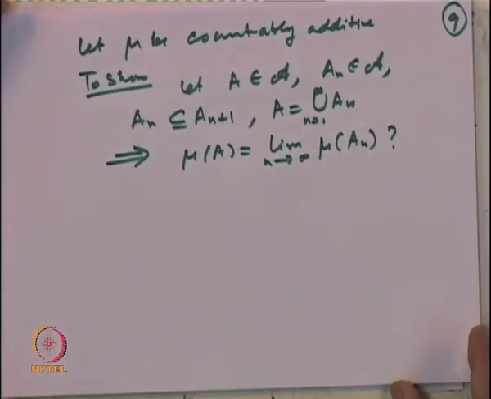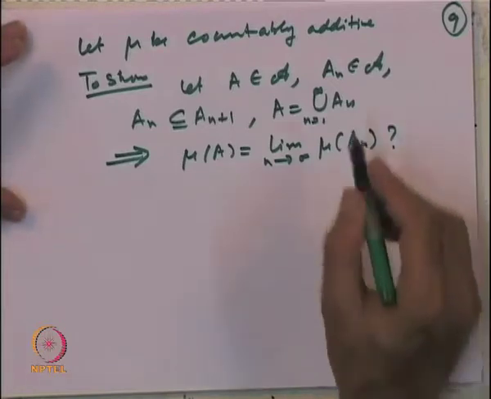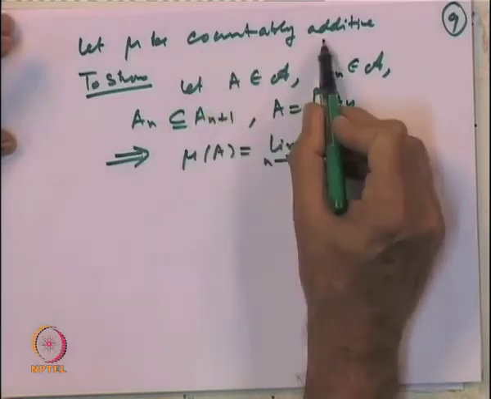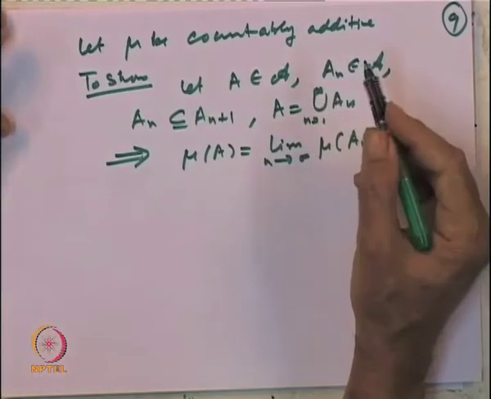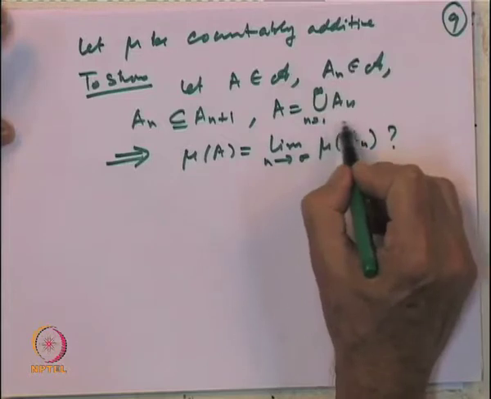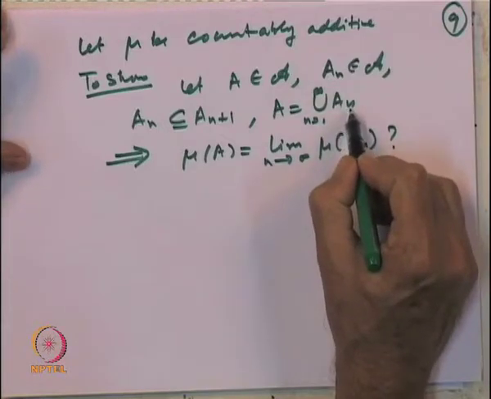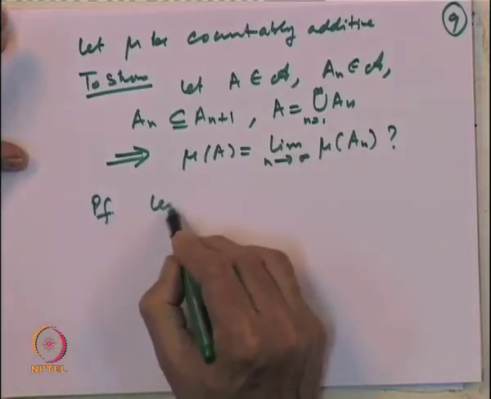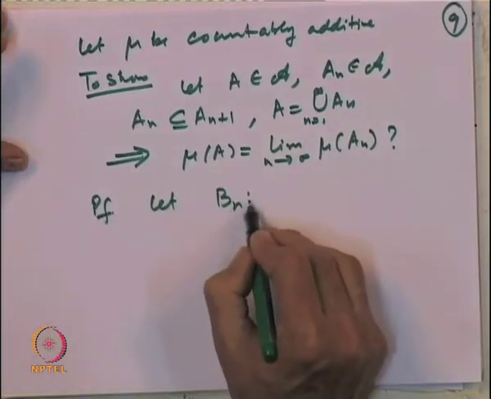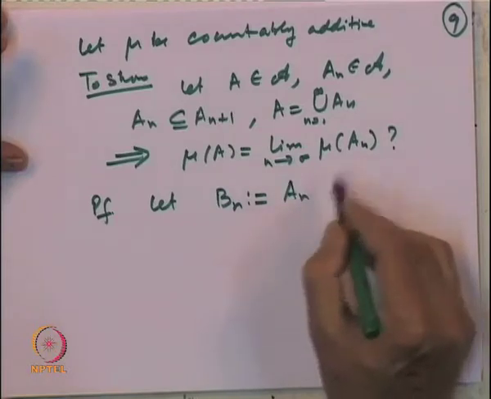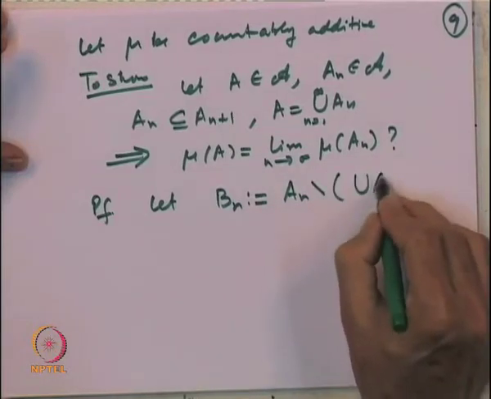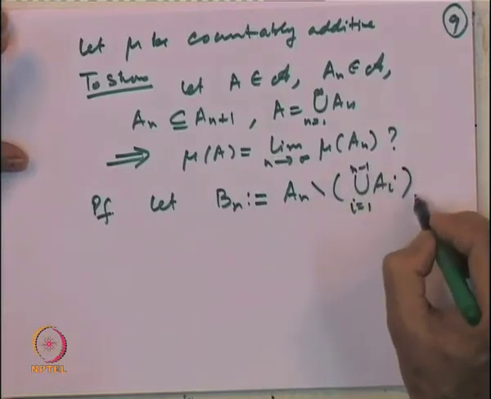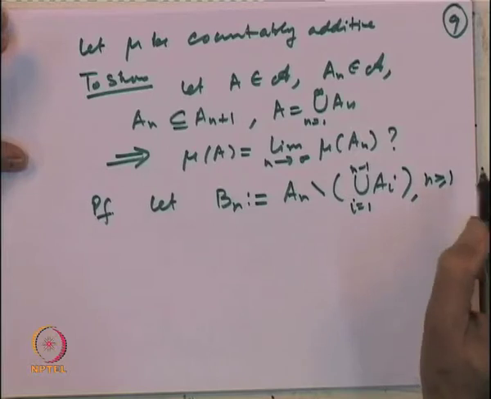So, let us observe A is the union of A n's and we are given something about countable additivity. So, the obvious thing is to try to write this union as a countable disjoint union. So, we do that. Proof: let B n be defined as A n minus the union of A i, i equal to 1 to n minus 1, for every n bigger than or equal to 1.